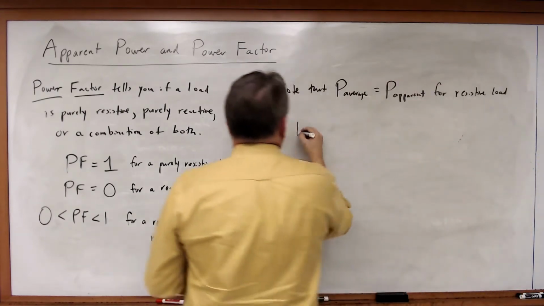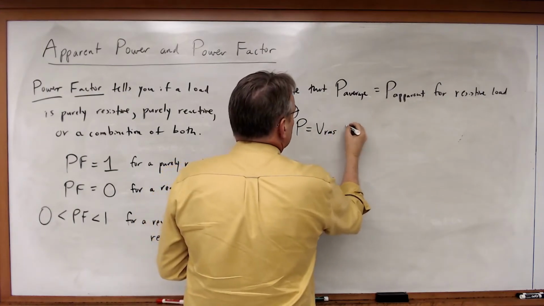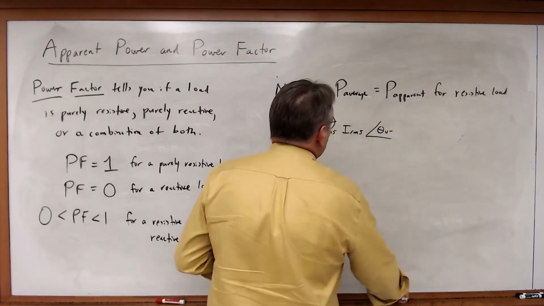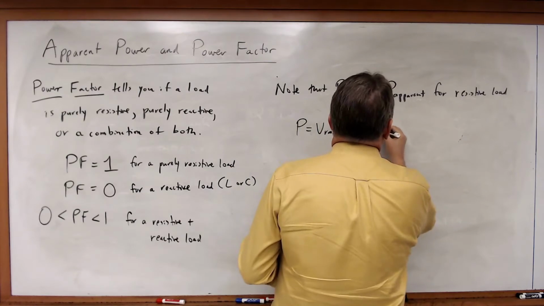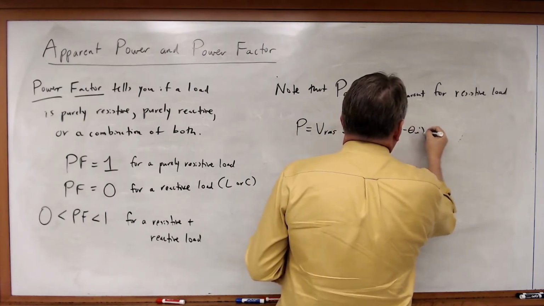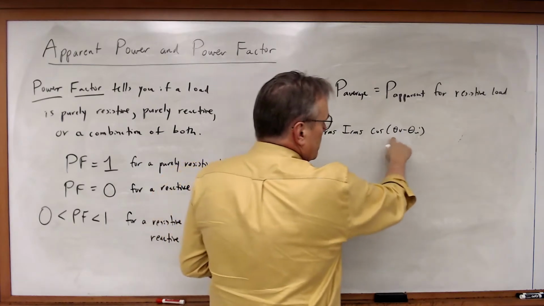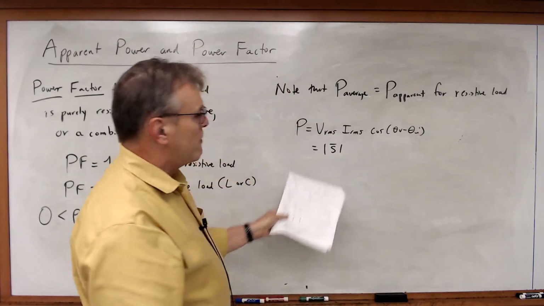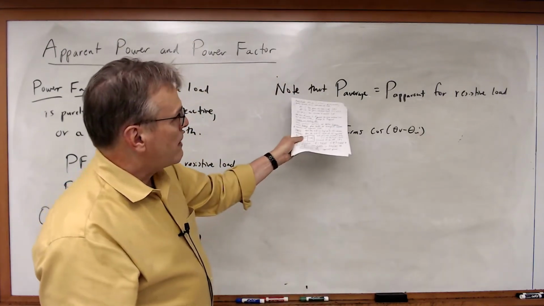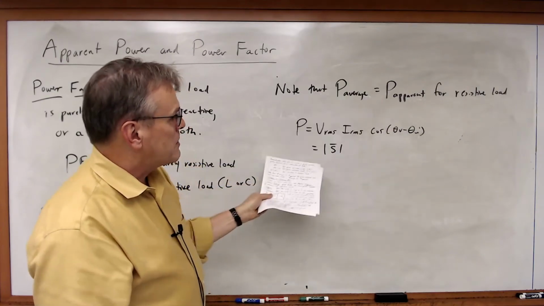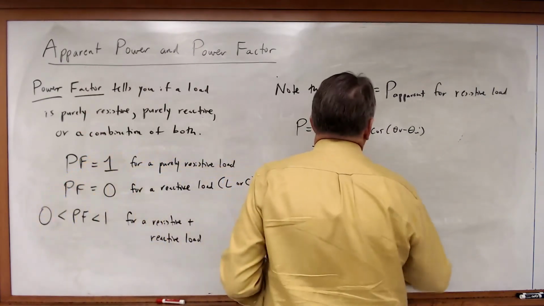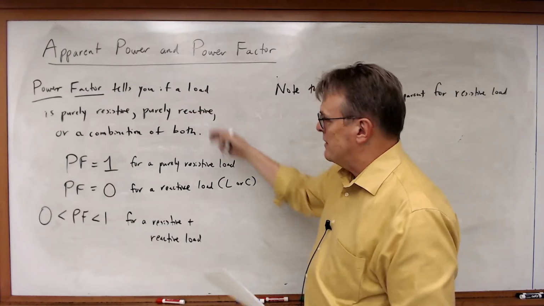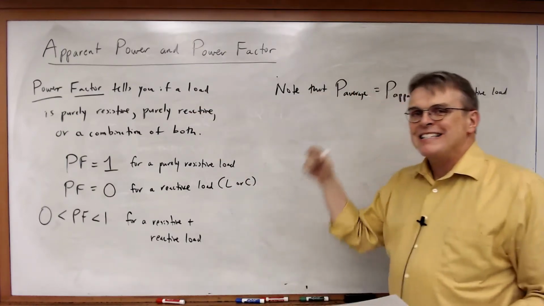Because keep in mind, P is equal to VRMS times IRMS times cosine of theta sub V minus theta sub I, which, for a resistor, is equal to unity, and so this is just equal to the magnitude of the complex power. And so the average power and the apparent power are the same for a resistor. For all other loads, for anything that contains a reactance, the average power is less than the apparent power.